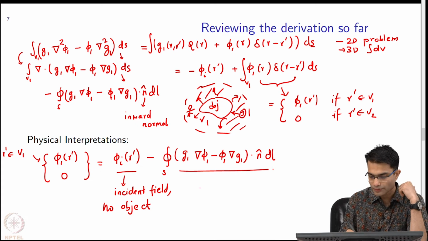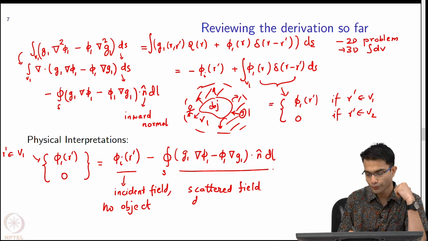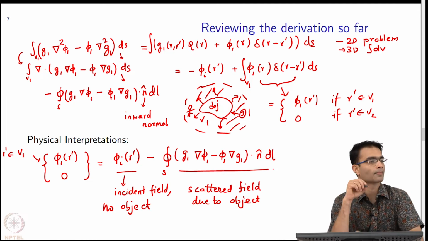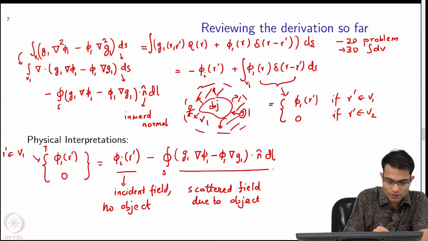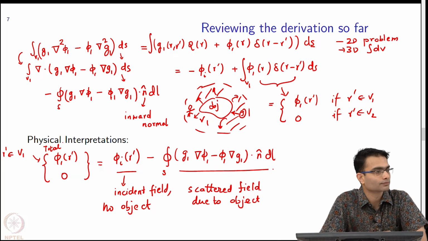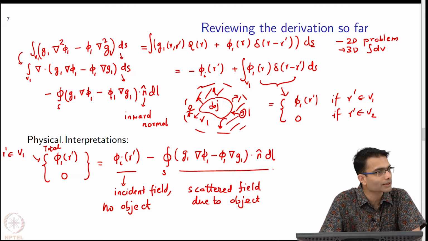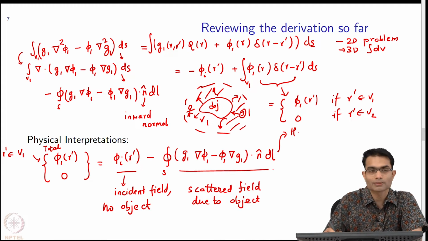So this second term over here is the scattered field due to the object. And on the left hand side, this is what is called the total field. So the total field is the sum of incident and scattered field. Intuitively that always made sense, but now we are seeing it mathematically. This, as I mentioned, is also known as the mathematical form of Huygens' principle.